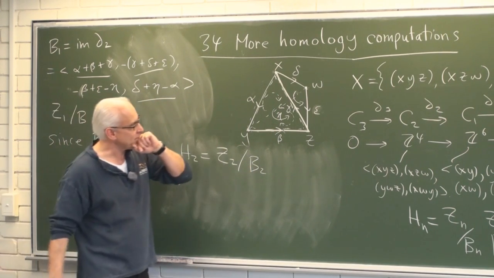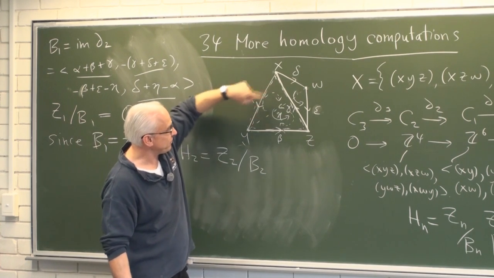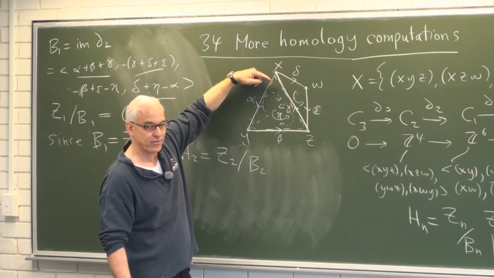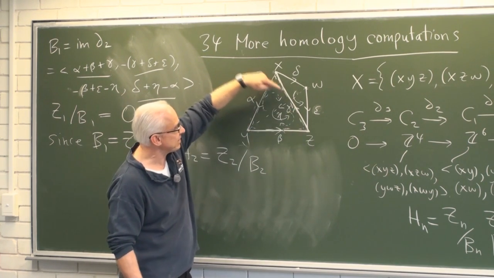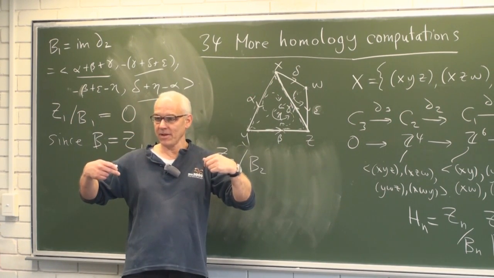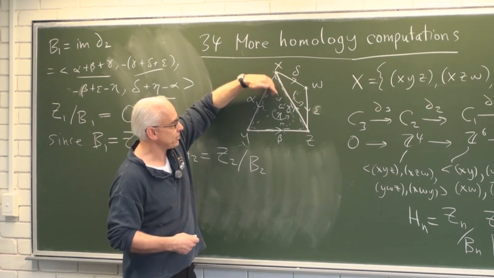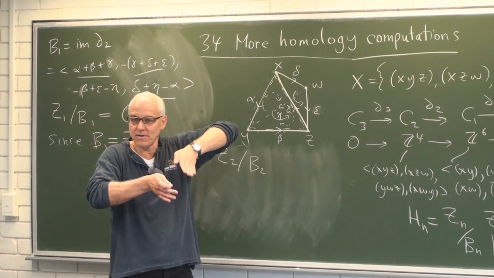I can argue geometrically this way: when I take the boundary of, say, this face that's facing us here, I'm going to get this plus this plus this. If I want to get zero as a total sum, then this edge that I've obtained has got to be canceled with something else. And the only thing it can be canceled with is the boundary of the other face that meets at that edge.